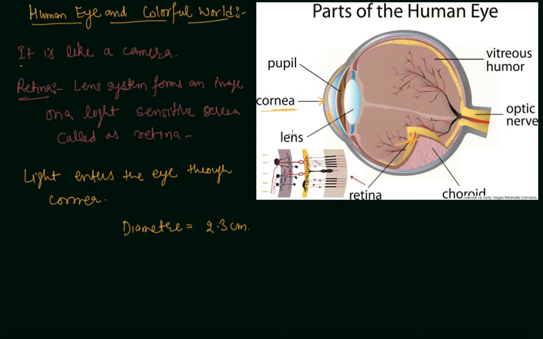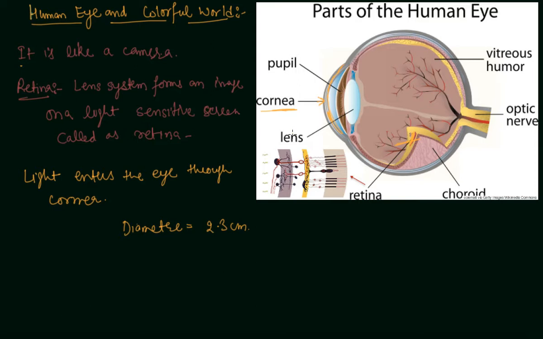The crystalline lens merely provides the finer adjustment of the focal length required to focus objects at different distances on the retina. So if some object is at a far distance or at a smaller distance, the crystalline lens produces the finer adjustment of the focal length of our eye.